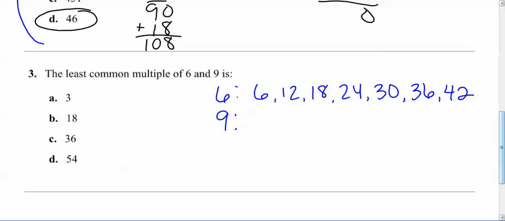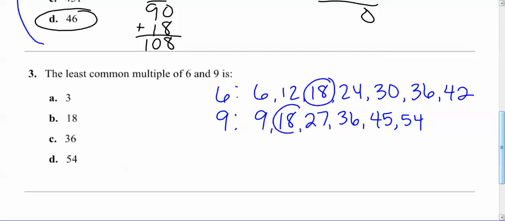And then 9, you'd have 9, 18, 27, 36, 45. We could keep going and going, but you should check for common multiples. And right here, we have 18. Okay, so the choice there that's correct is B, 18.